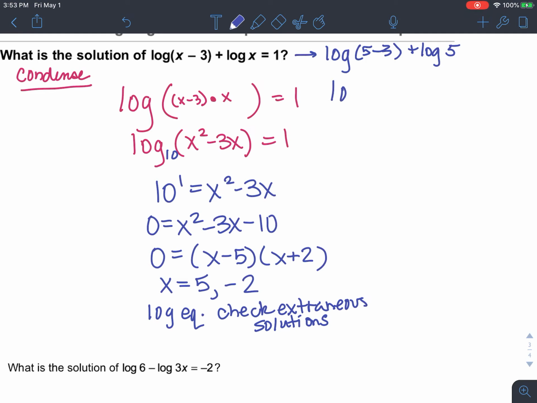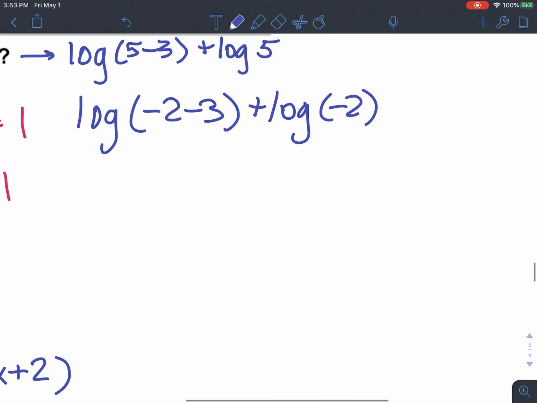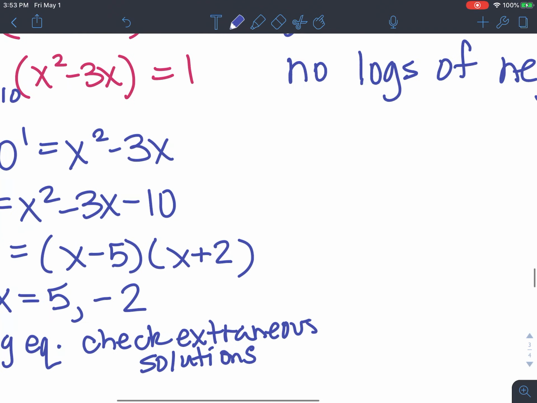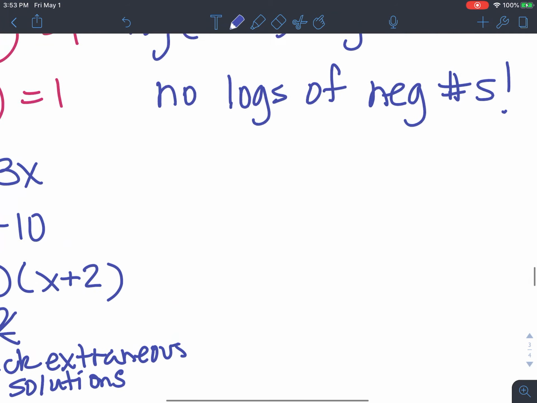Okay. But if I put in a negative 2, you can't take the log of a negative number. It's not in a log's domain. End of story. No logs of negative numbers. You can't, it's not a thing.